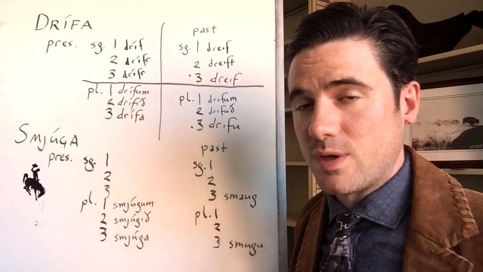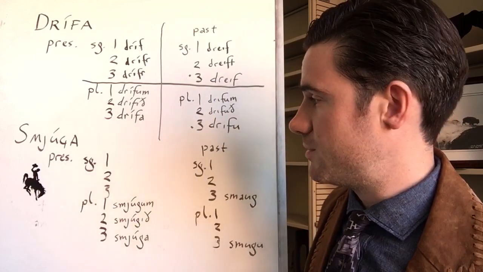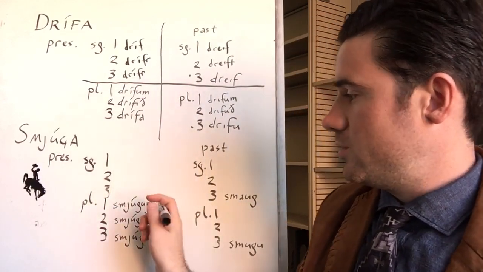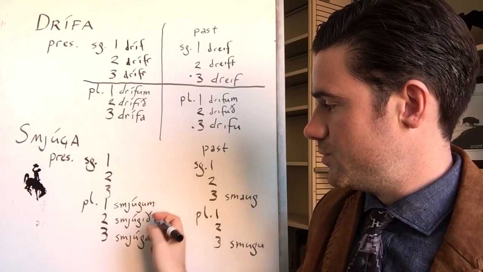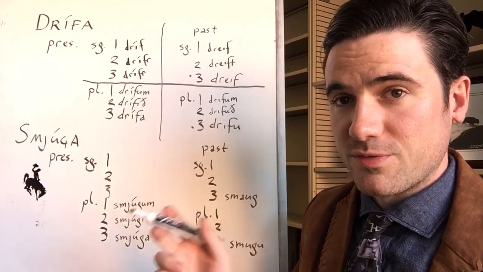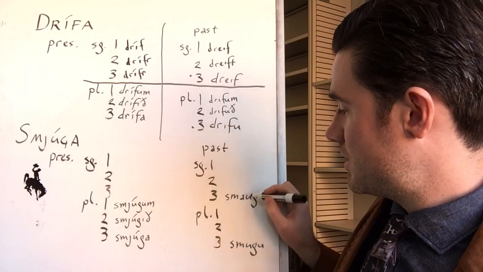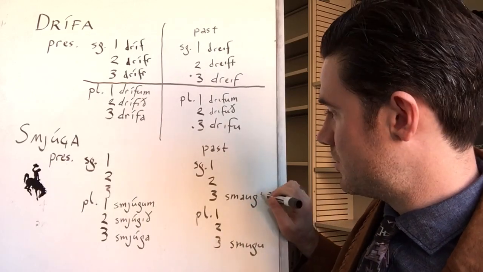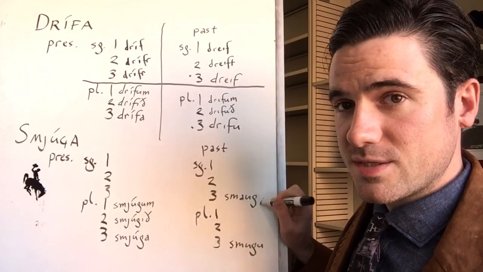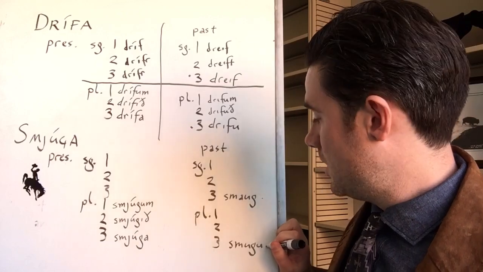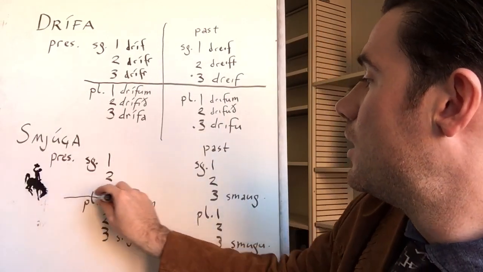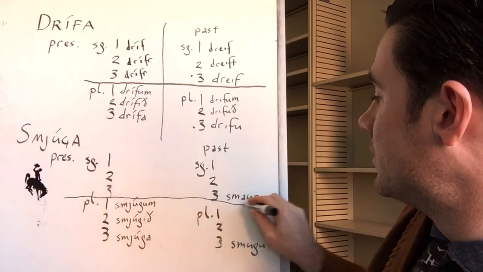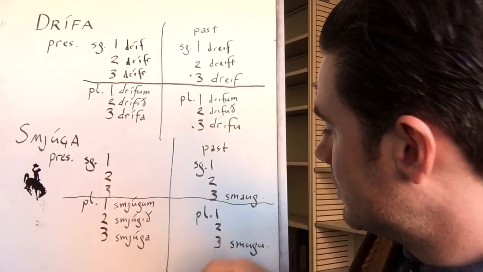Okay, same thing with smjúga, but this is a verb that does have i-umlaut in the present. Again, you know that the present plural is going to have the endings ið, a just attached to the root. Those are free. And from our chart, it's a class 2, so you know the third person singular past is smaug, and the third person plural past smugu. So you've got your boards and your planks.